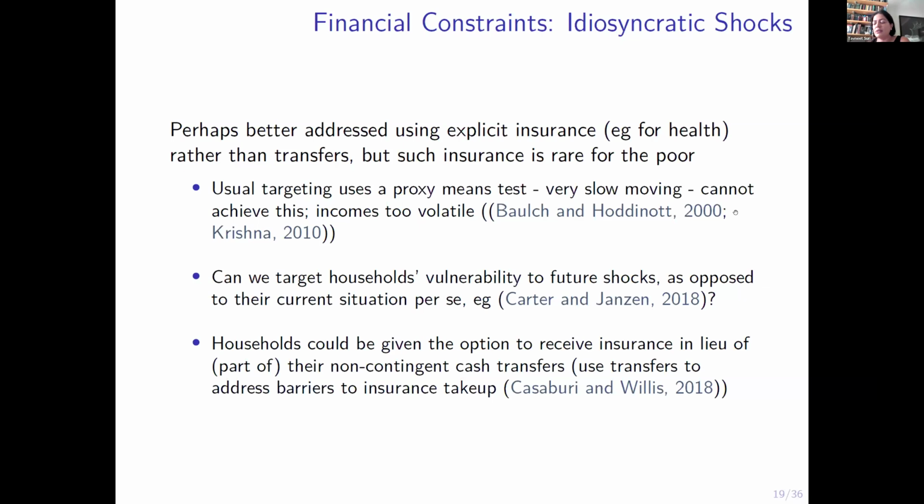The take-up of insurance at market rates tends to be very small, even though we find insurance tends to have impacts on people. And so giving households the option to take some of their cash transfer as insurance instead of cash might also address that problem of low take-up of insurance. So another place where there would be interesting work to be done is whether this would help not just deliver cash transfers and social protection, but also address the take-up of insurance.